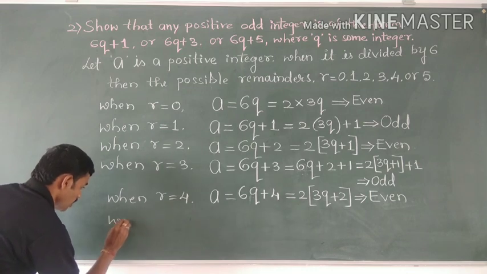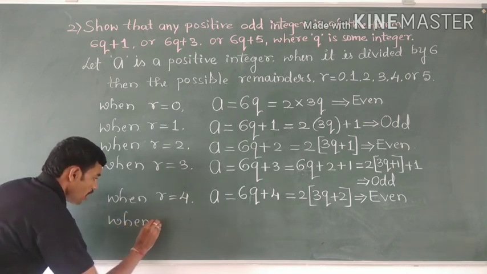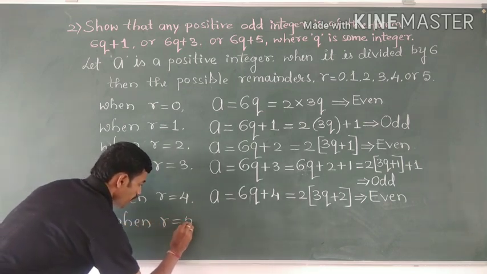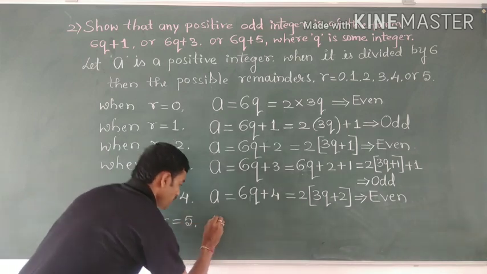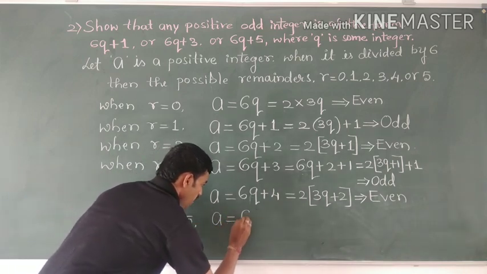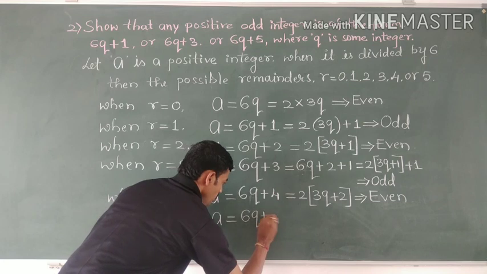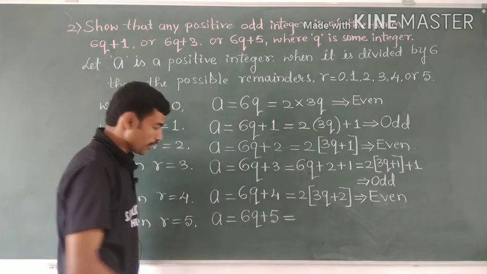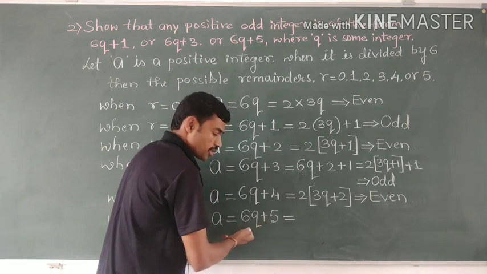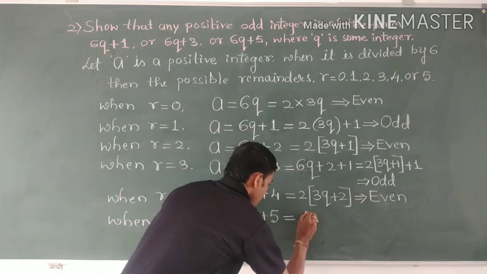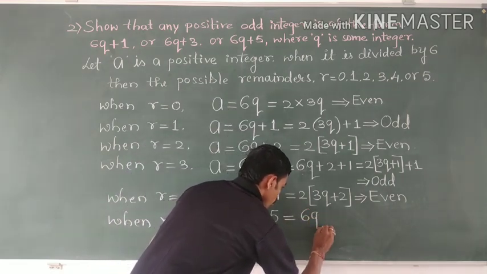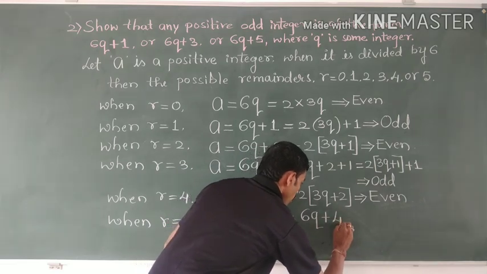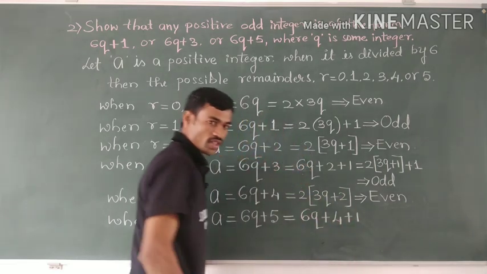Next, last, when r is equal to 5, then what we get? A can be written as 6q plus 5. Then these two terms are rearranged. That is 6q plus 4 plus 1.